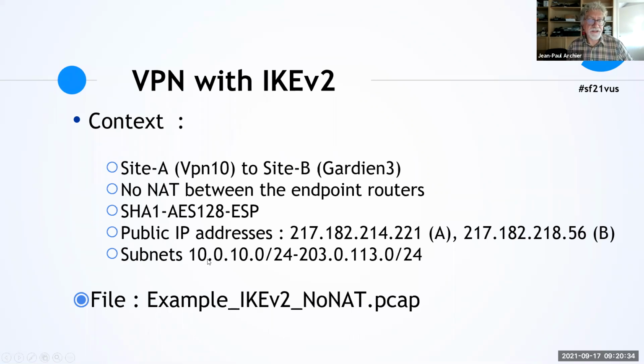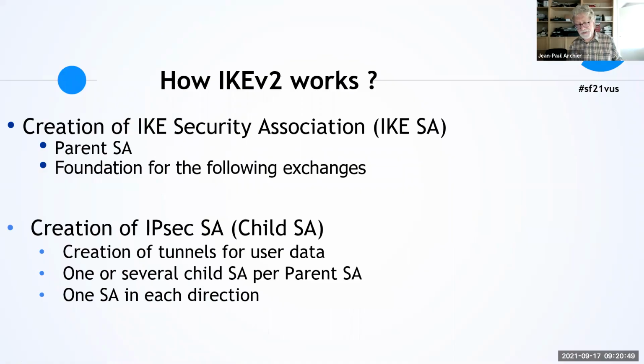One is a 10 subnet, and the other one is a 203 subnet. So we will use this file to see how IKE version 2 works.